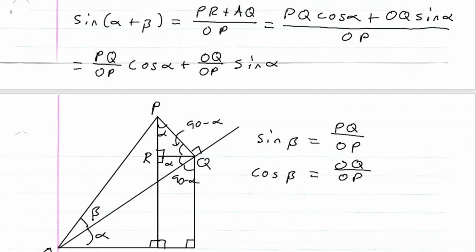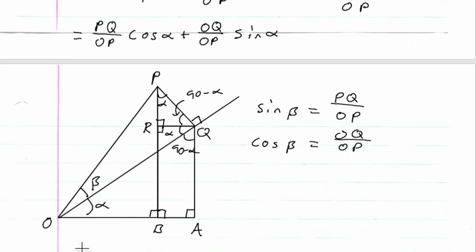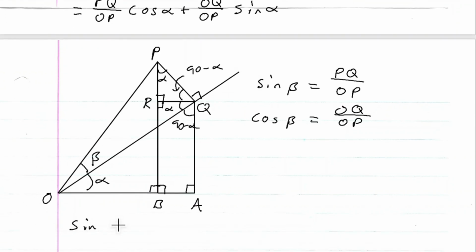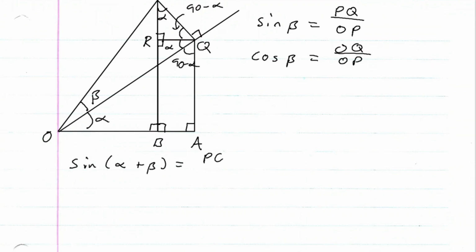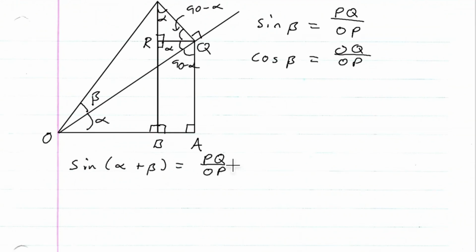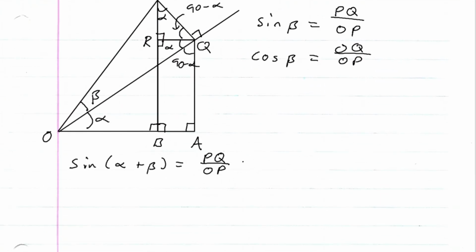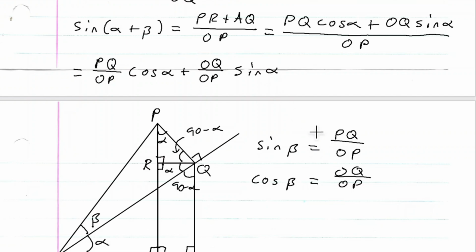So let's go ahead and scoot down. Now we know that sine of alpha plus beta is equal to PQ over OP cosine alpha plus OQ over OP sine alpha.